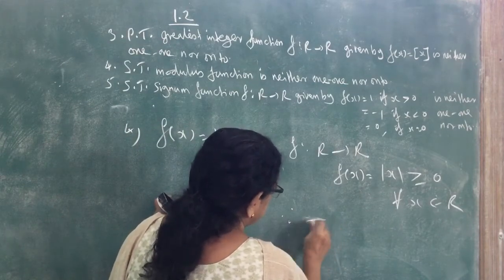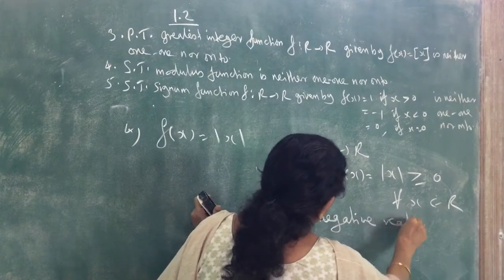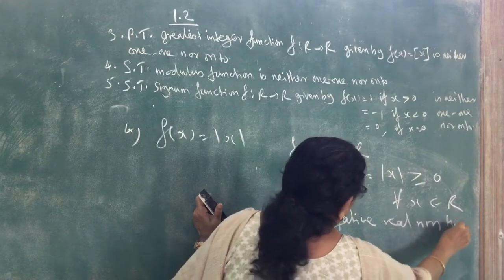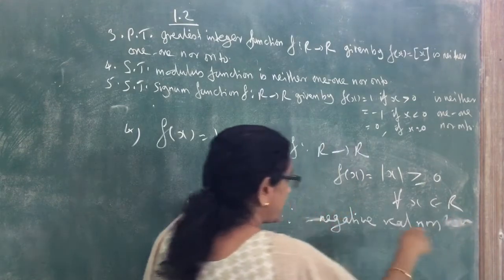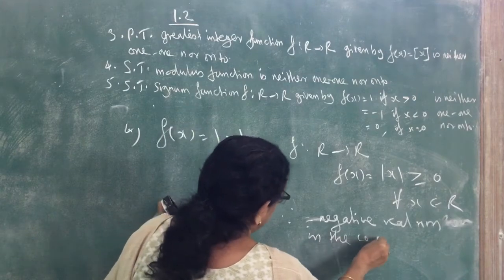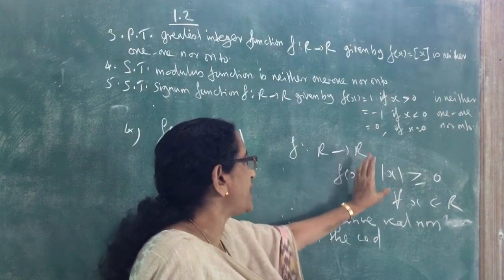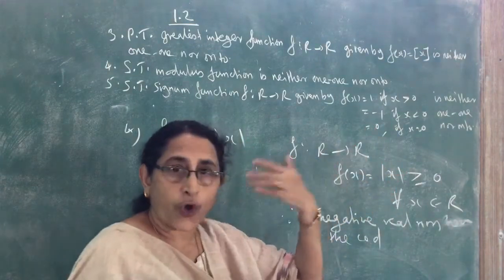Therefore, negative real numbers in the codomain are to be considered. Always we have to consider the elements of the codomain which have no preimage.